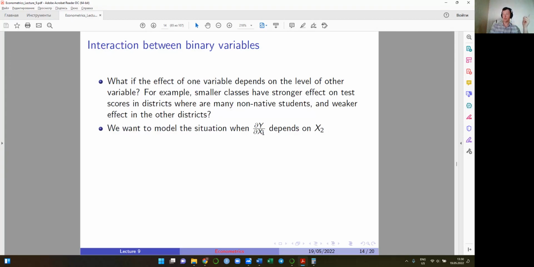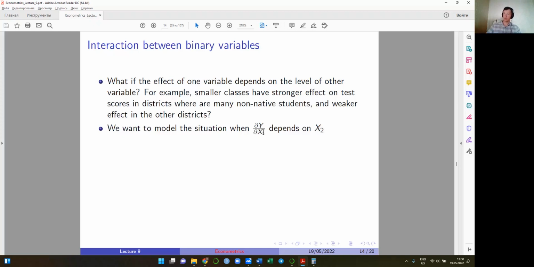You have seen this when I took the derivative of a quadratic polynomial. The derivative depends on x1. In this case, we have two variables, and this derivative must depend on x2. You also might remember this practical example from microeconomics.